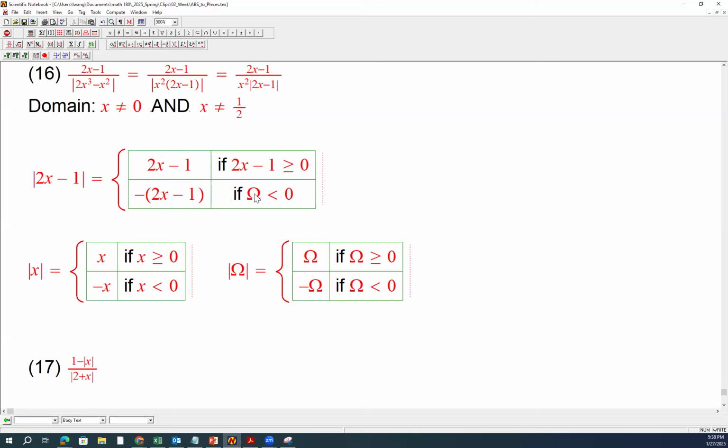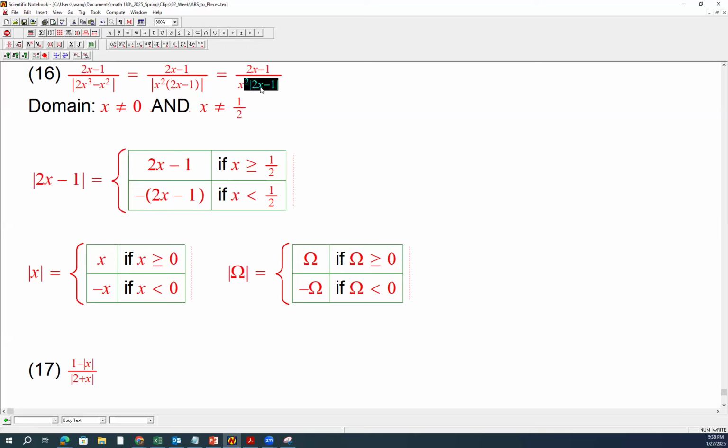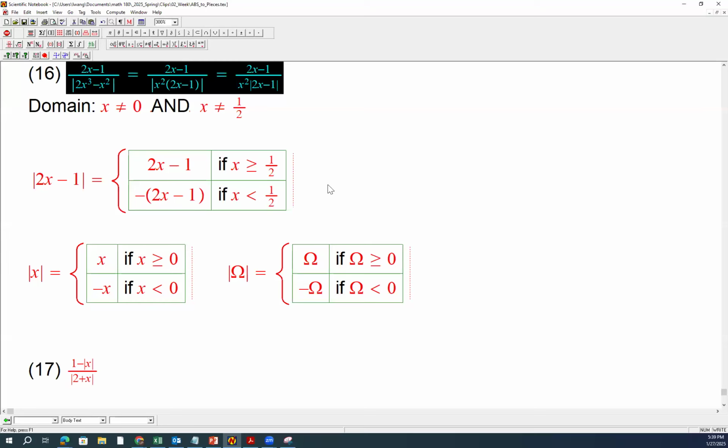Solving this inequality, we've done this before: x is greater than or equal to 1/2, and the other one, we will have x less than 1/2. We got this piece taken care of, and now we're not done.